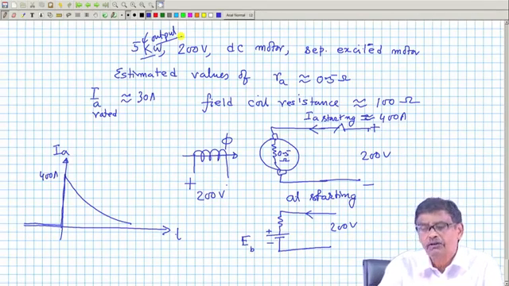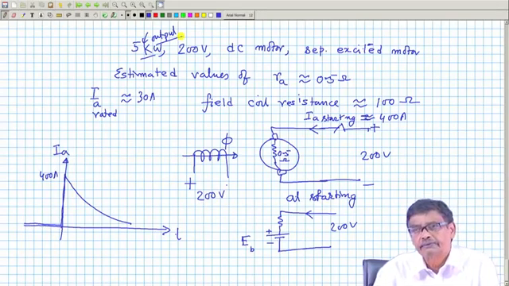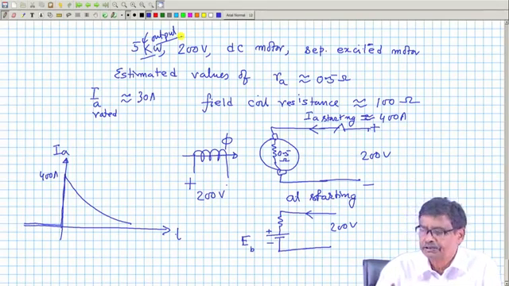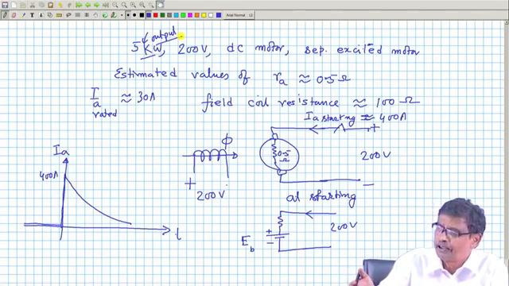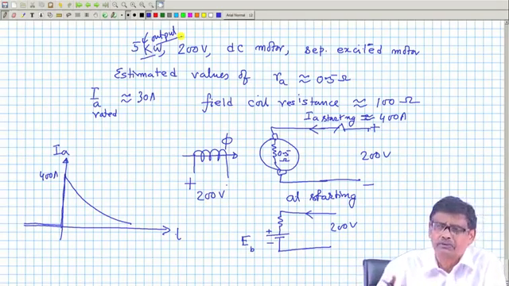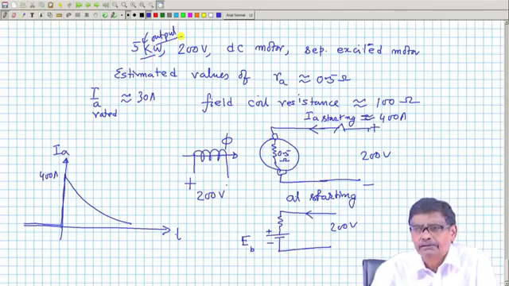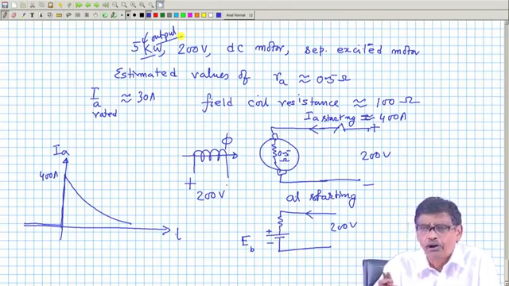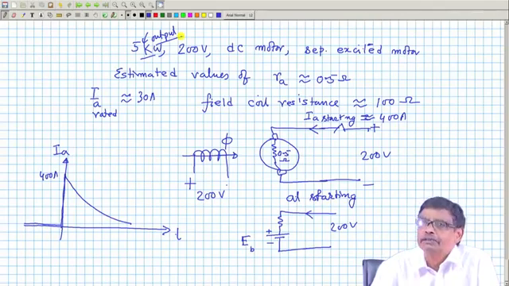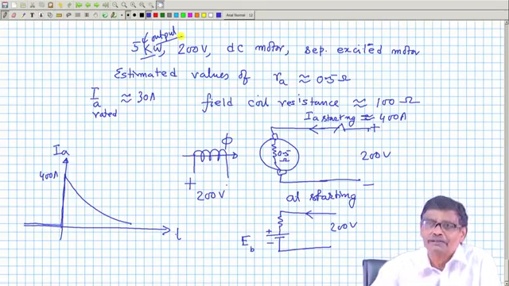I can always estimate the rated current for this machine, even roughly, 5 kilowatt divided by 200 volt, so it is about 30 ampere. From that, I could guess the value of RA to be some 0.46 ohm or so. I am not claiming that will be the exact value, but you will be expecting close by.